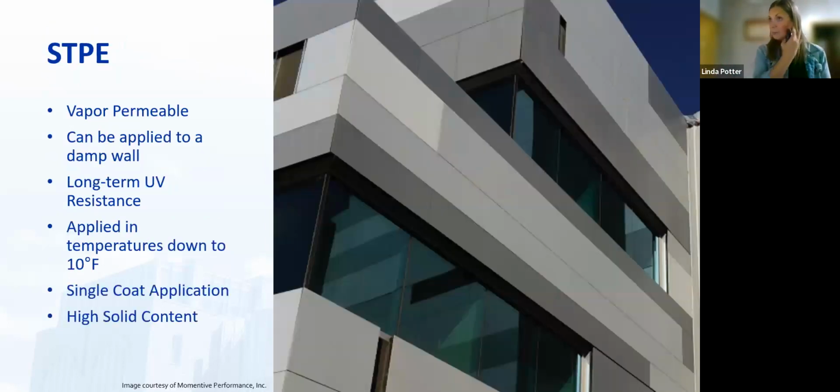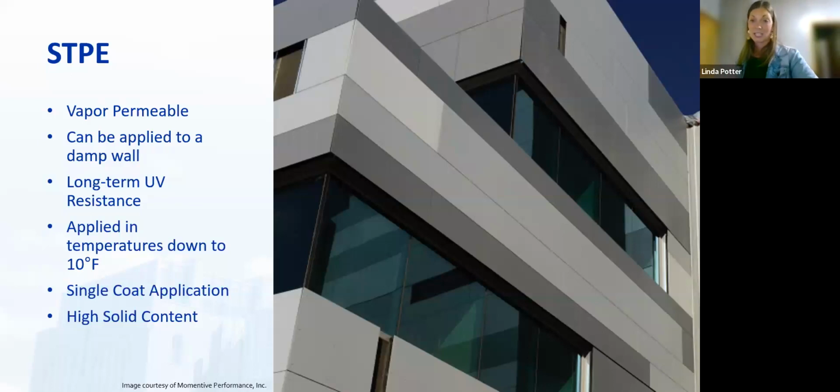So when it comes to an STPE, the benefit of STPE technology is, one, it's vapor permeable. You can use it everywhere, but again, you have to look at those wall assemblies and decide where am I putting it, when am I putting it, and what else has to change along the way, from my insulation type to my cladding type to whatever I'm putting on the inside of the wall on the other side of all of this vapor flow.